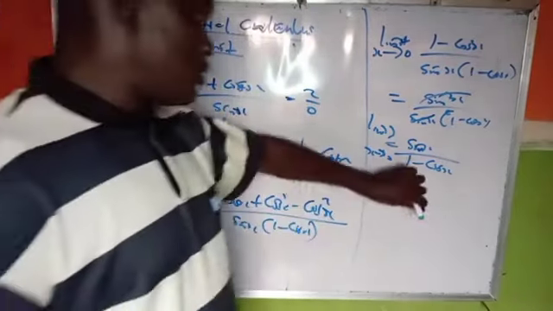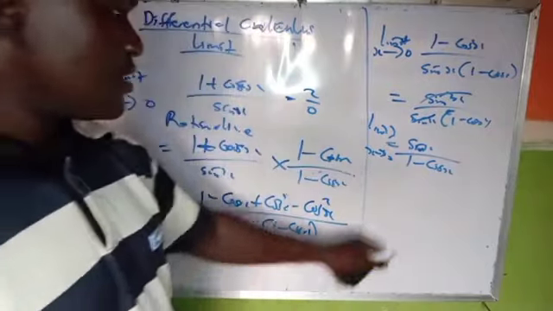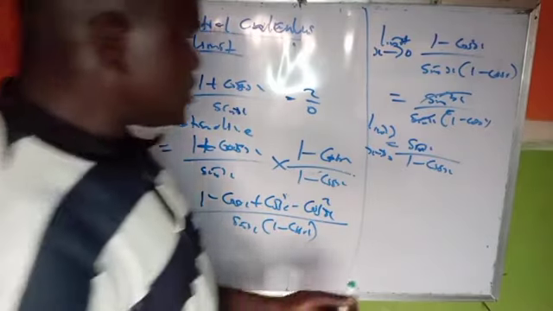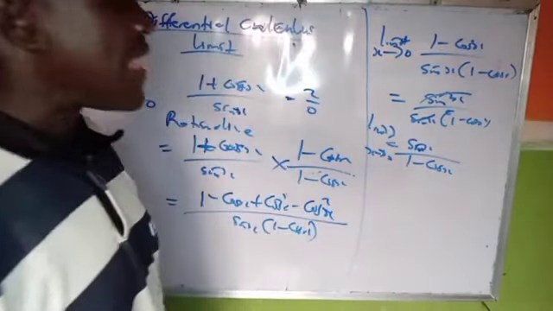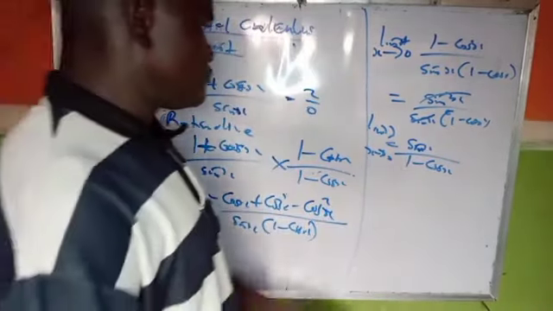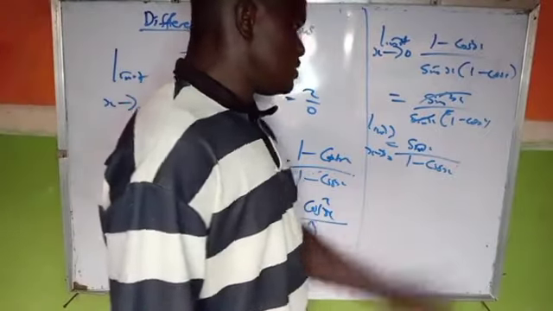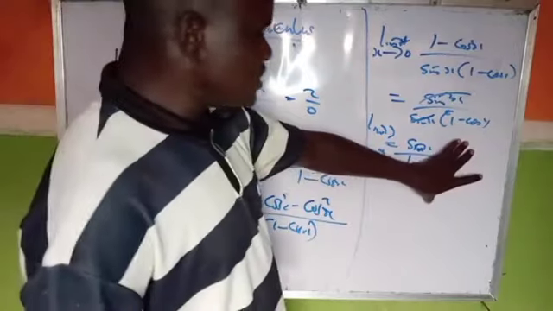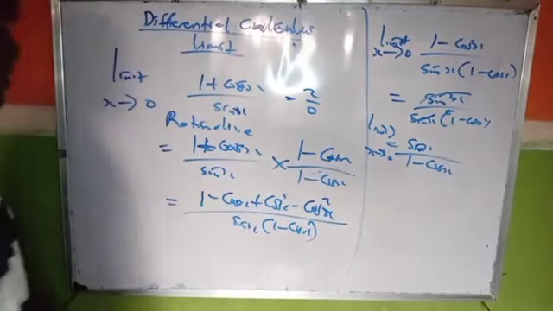Now look at what we have here. But if you substitute for this one, what is it going to give you? Cos 0 is 1. 1 minus 1 will still give you 0. So you still lead to an indeterminate value.